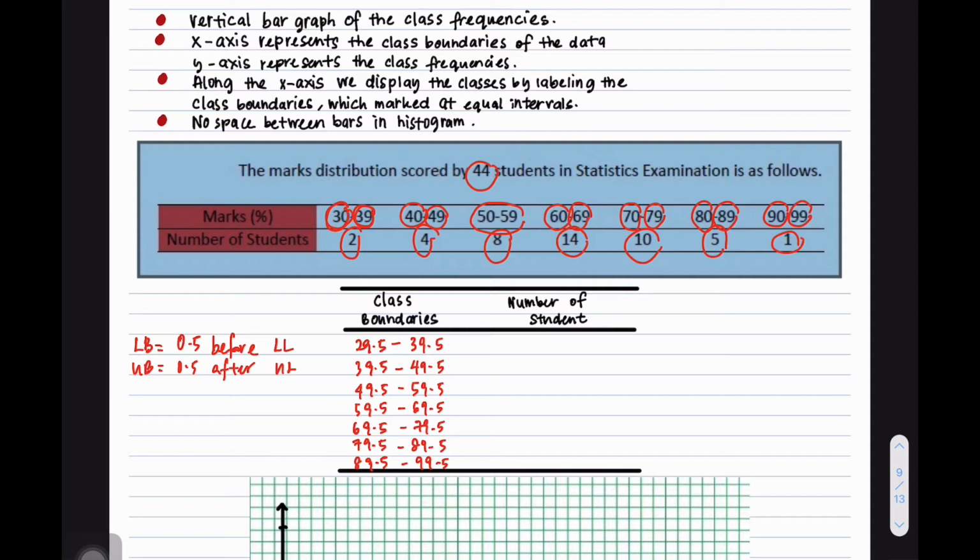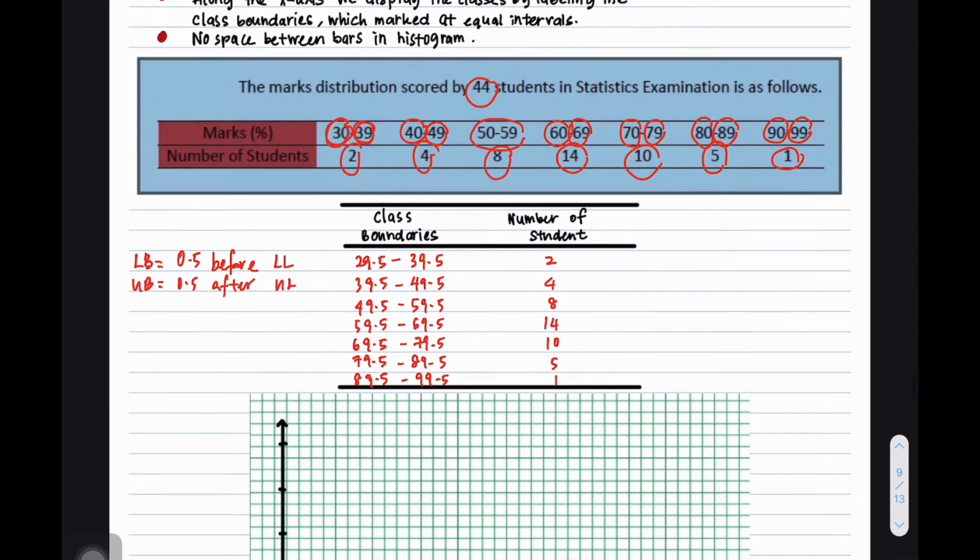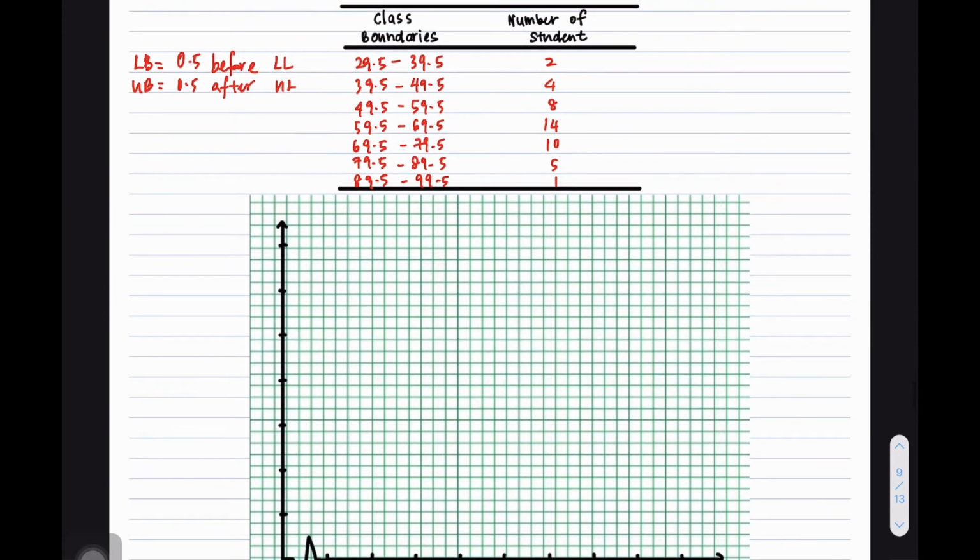So the class frequencies, just take from the table: 2, 4, 8, 14, 10, 5, and 1. Okay, so now we already have our class boundaries.